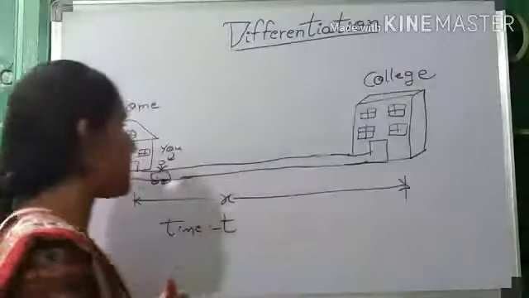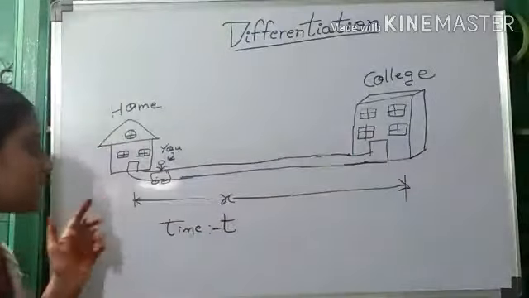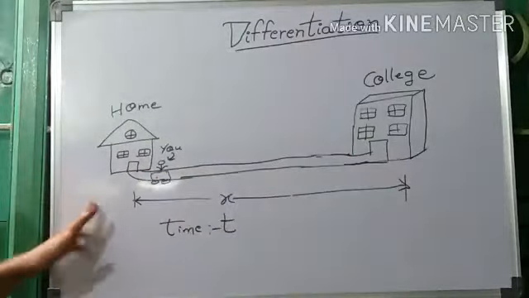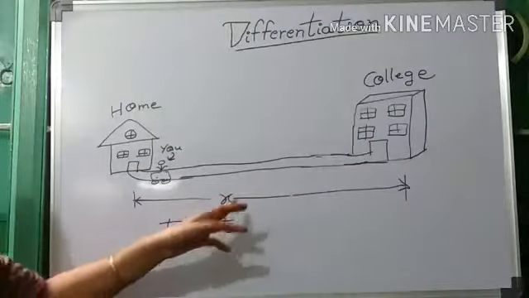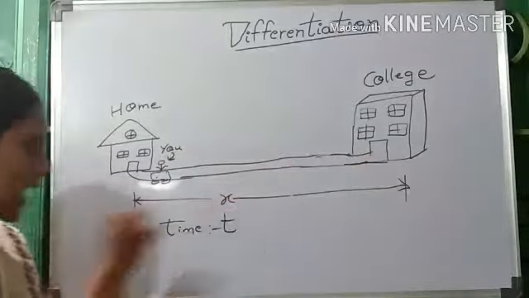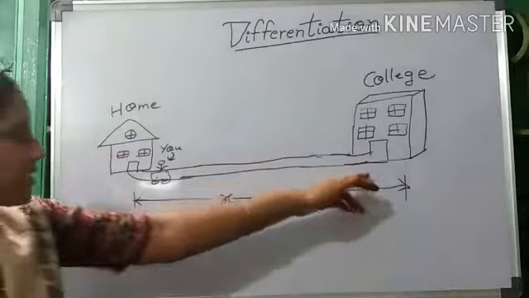Okay, consider this. You are moving from your home to the college in a car, and let the distance between your home and college be x, and the time taken to travel from your home to the college be t.